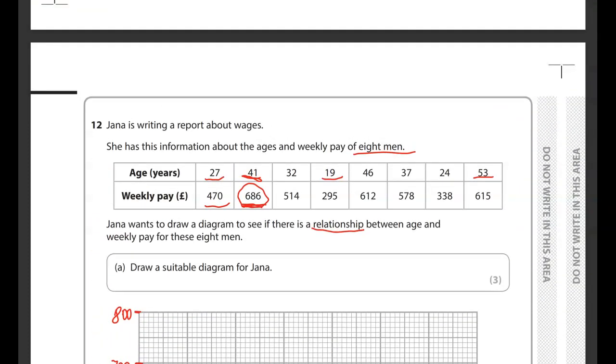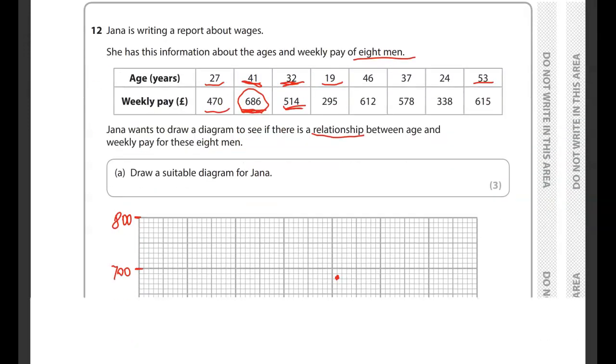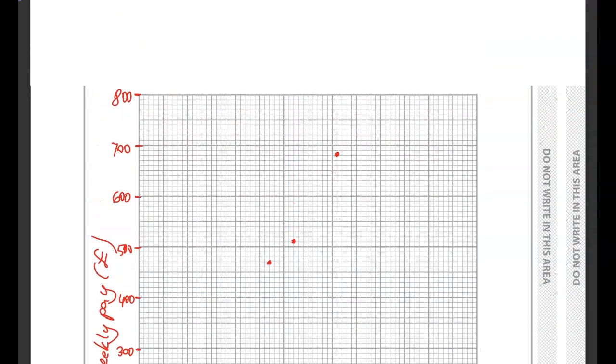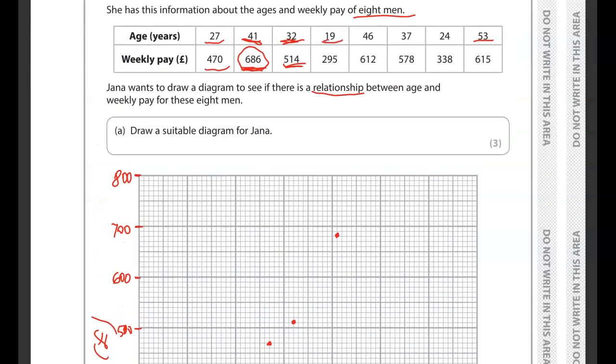So 650, 60, 70, 80. So about here. 32, 514. 510 would be just fine there. 19, 295.